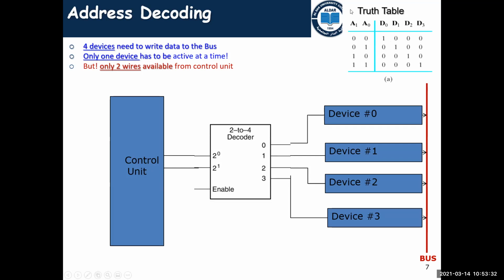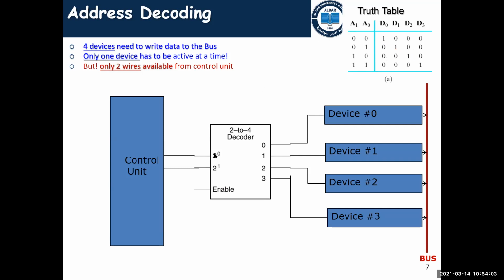So for 00 we have D0 active and the others are not active. For 01 we have D1 active, the others are not active. For 10, D2 is active and the others are not active. And for 11, the same thing. So we will have one active line at a time.